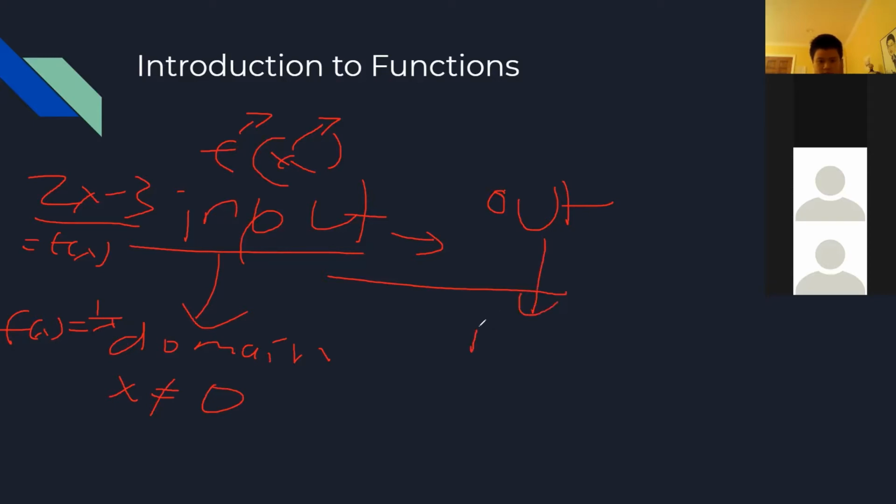Similarly, anything that can be generated by the function is called the range. So the input is according to what x could be, output is what f(x) can be. So for example, the absolute value, which is these double marks, can only be non-negatives.